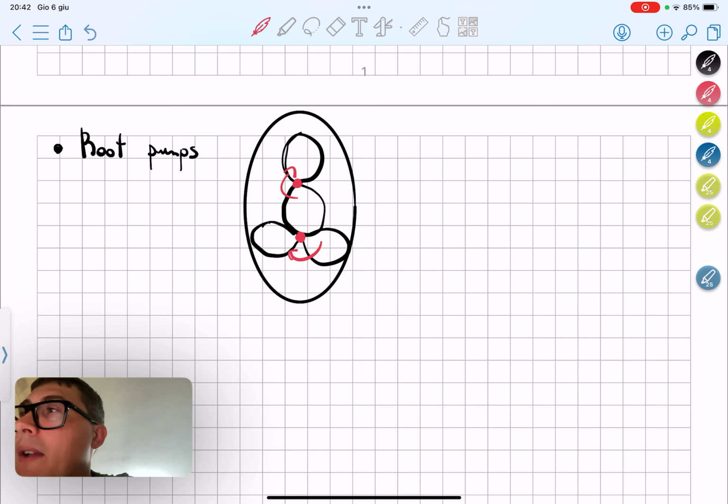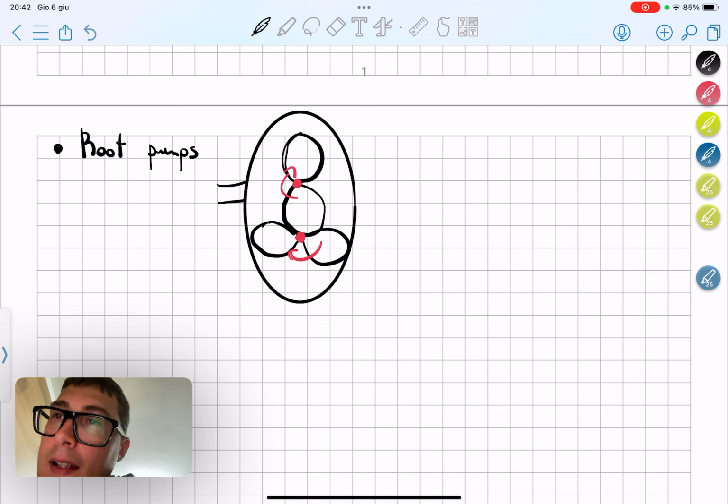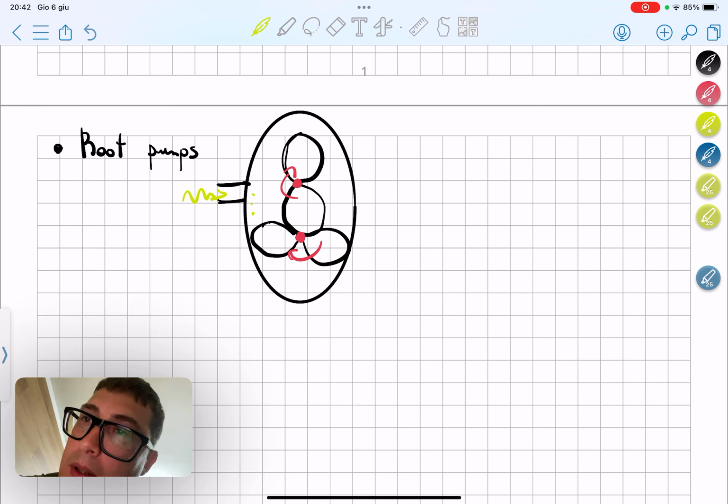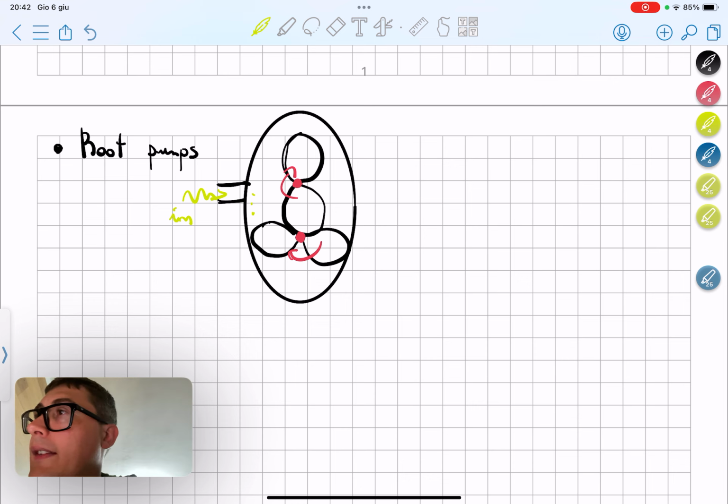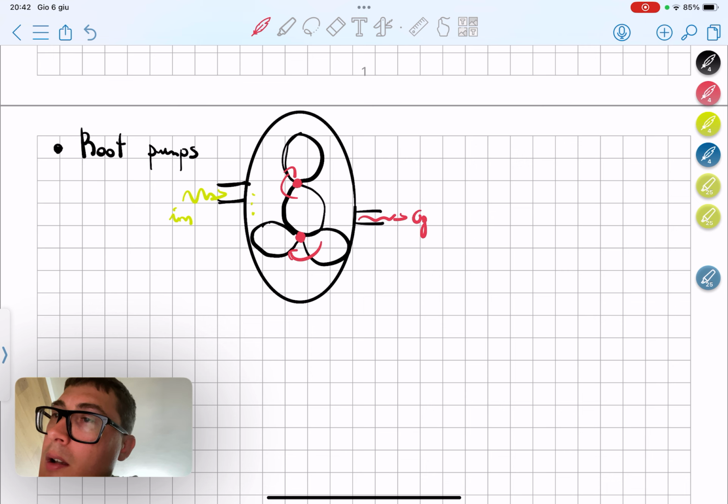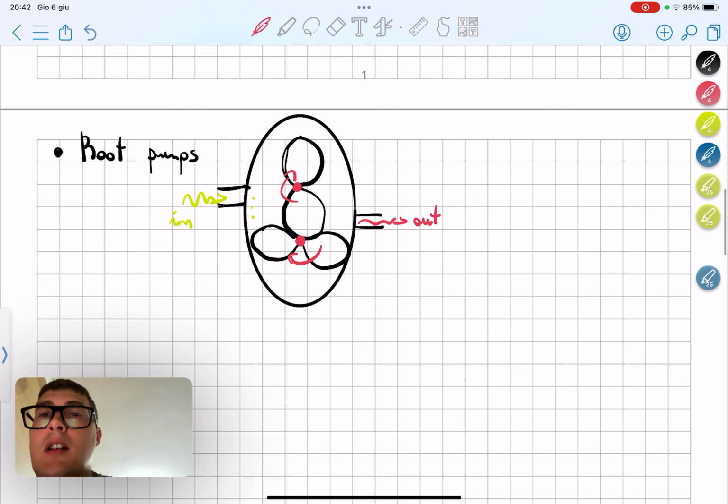Maybe my drawing is not perfect, but the idea is that there are different phases in which the gas comes in from here, and it goes out maybe here. Sorry, so our chamber, our vessel, is on the green part, and the higher pressure is here.